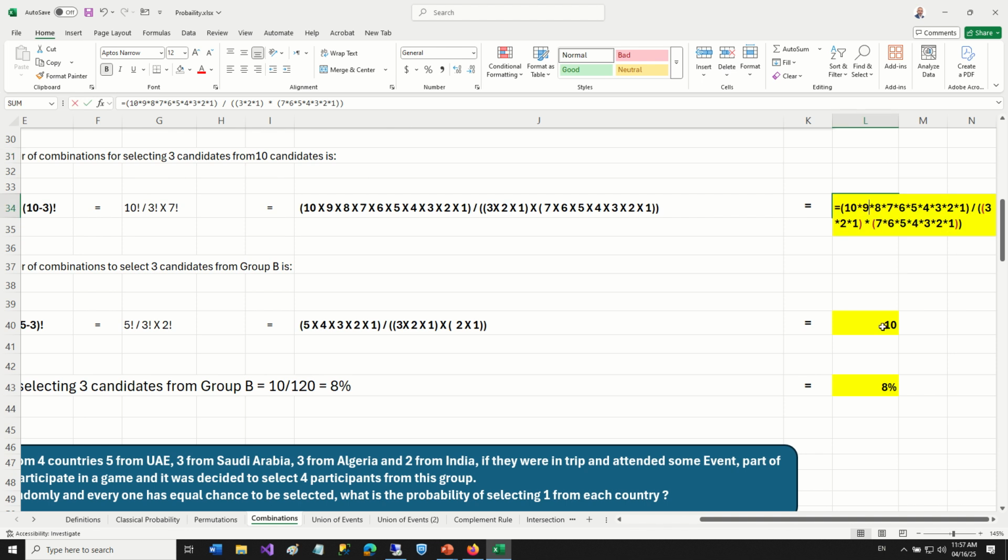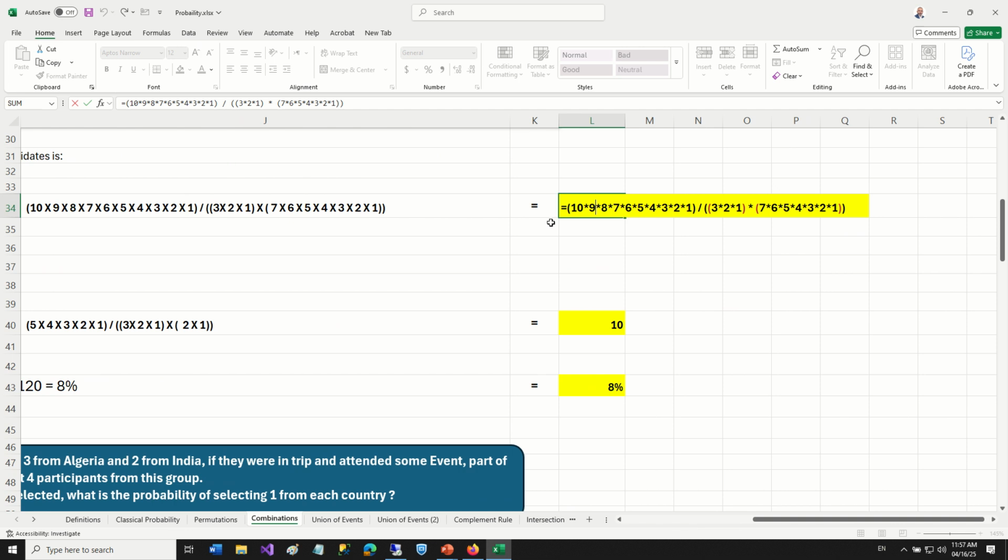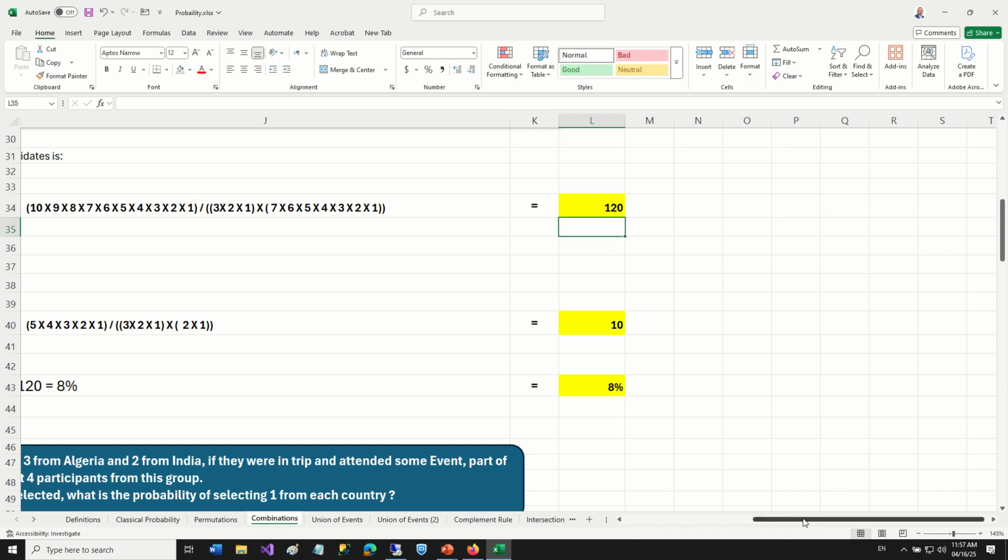Applying the Excel formula, we can directly get the result. Remember that when you divide by these two multiplied together, you have to put both of them in a big bracket to get a correct result. The result is 120.